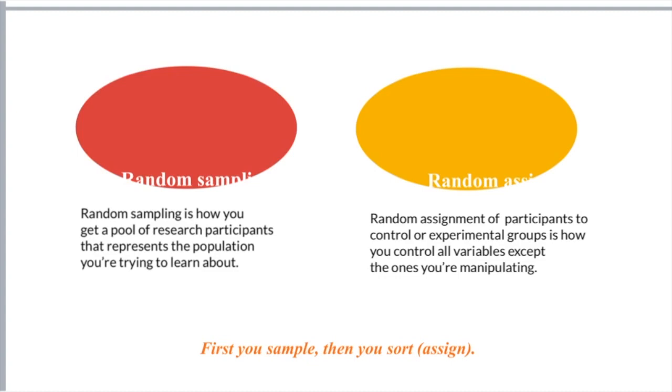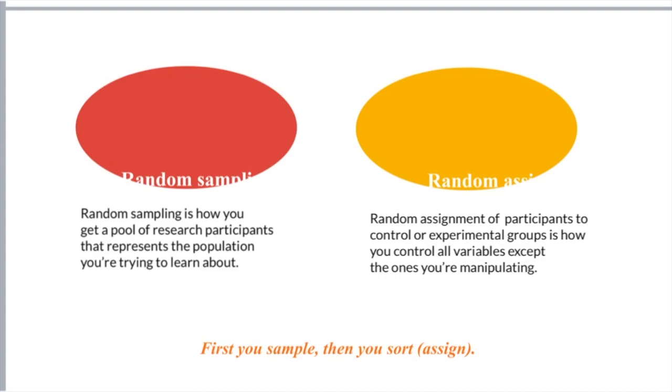On the flip side, once you get those participants, we've randomly sampled a group of men, we've pulled them in, and then we want to do an experiment, we need to randomly assign the participants to control or experimental groups in order to control all variables except the ones that I'm manipulating.